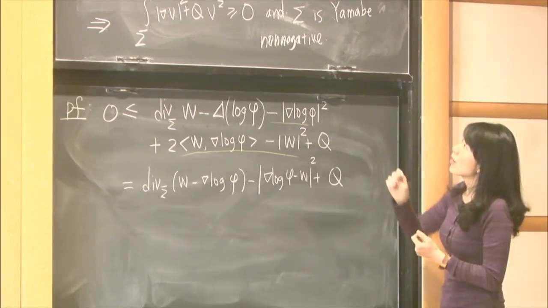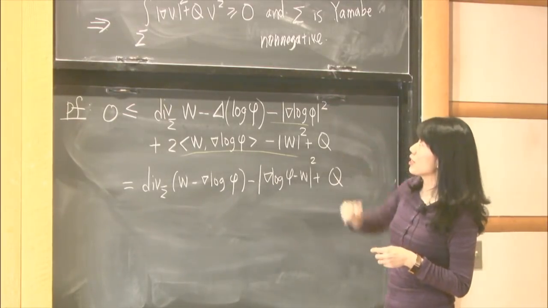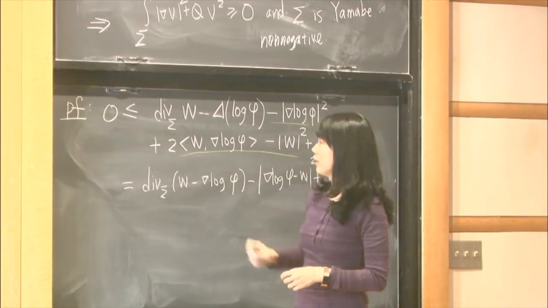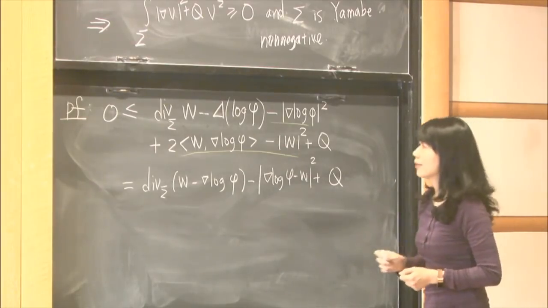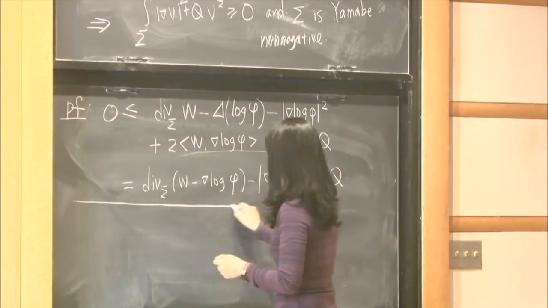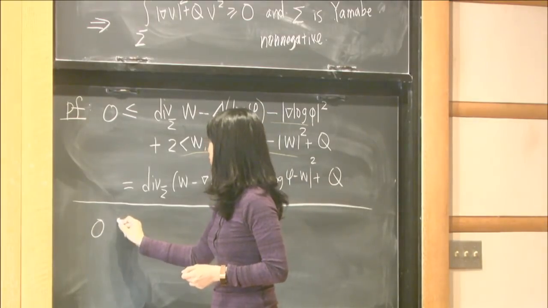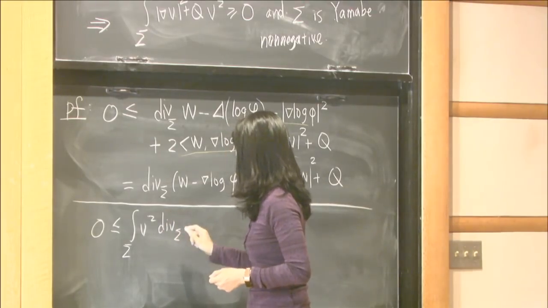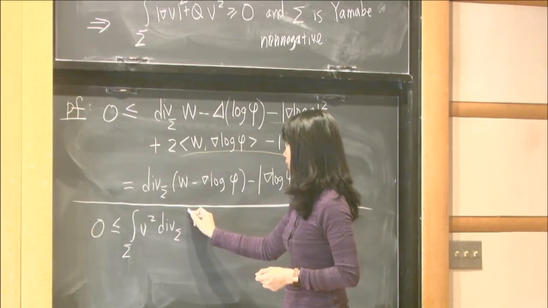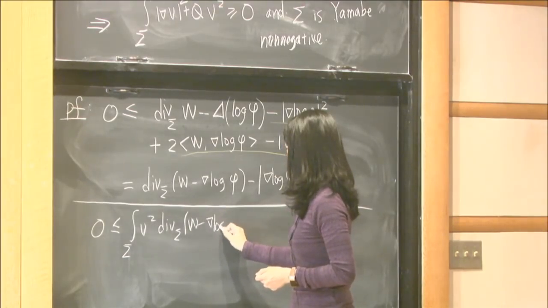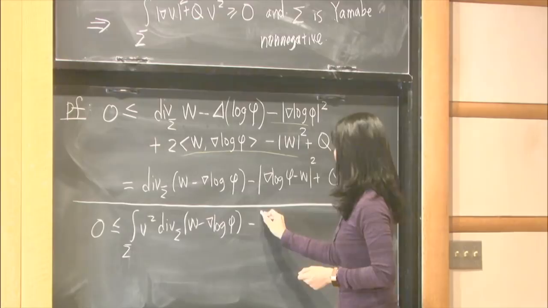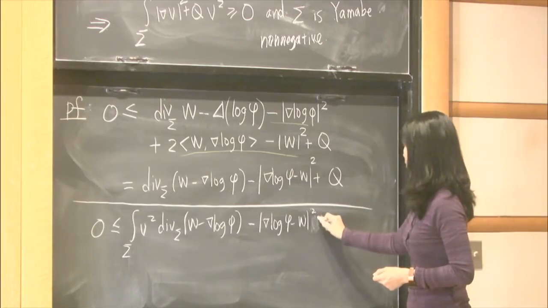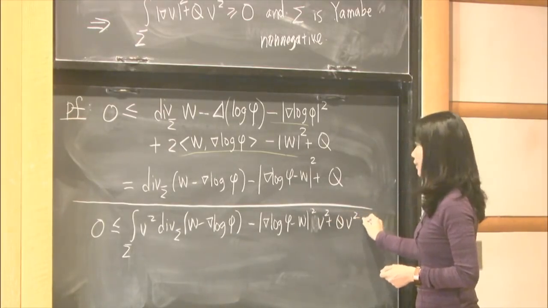Okay, so now we want to derive this similar to the minimal surface stability inequality. You multiply a test function. So you multiply v squared to the inequality and integrate by parts.